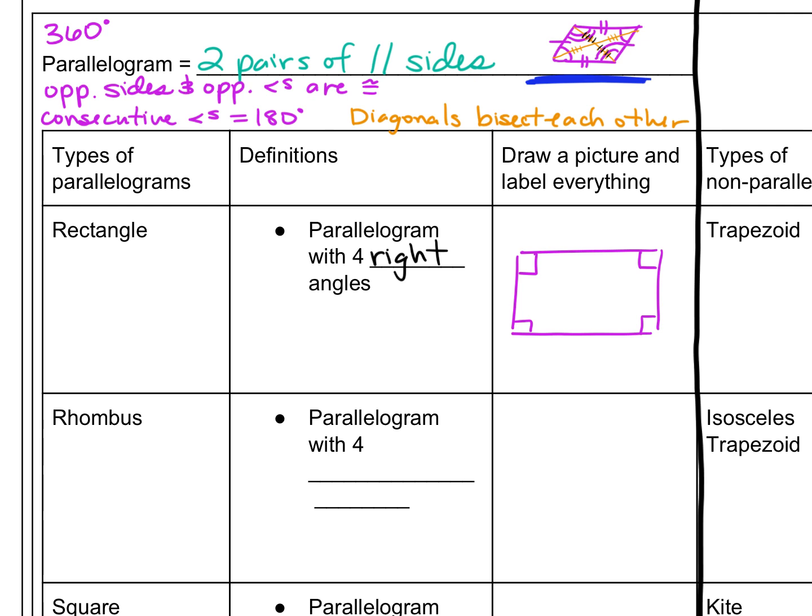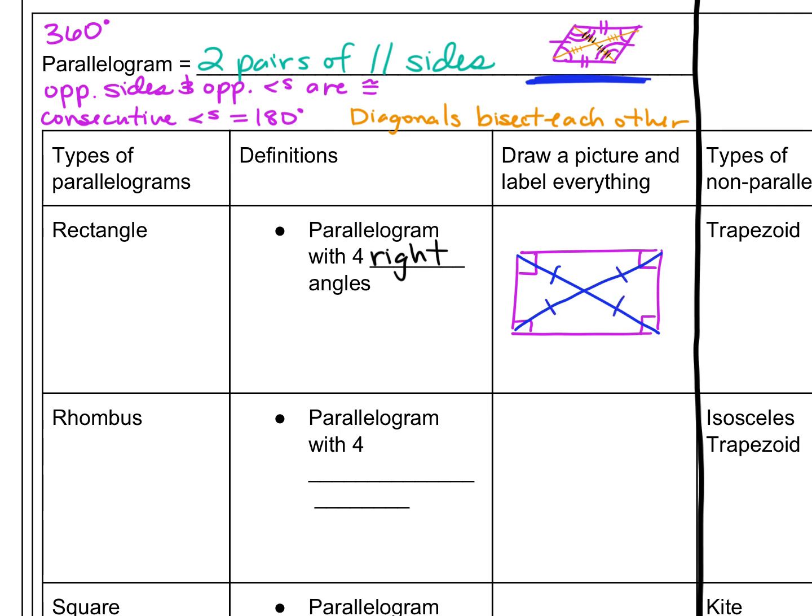There was a theorem that we learned about rectangles. Diagonals are congruent. So if I draw my diagonals in a parallelogram, diagonals bisect. In a rectangle, they are congruent, but still bisecting, right?